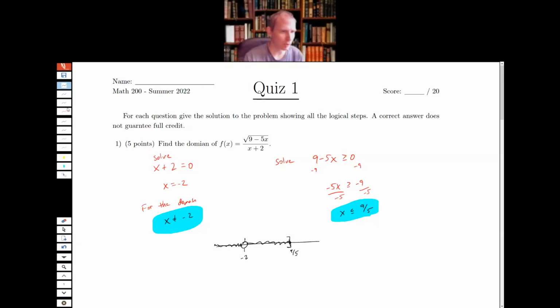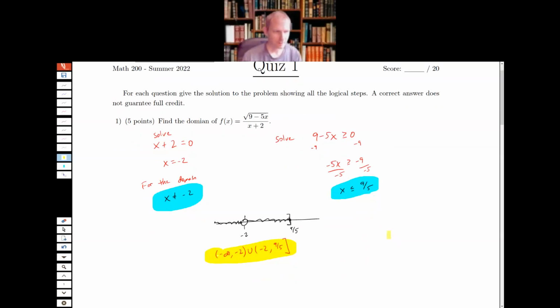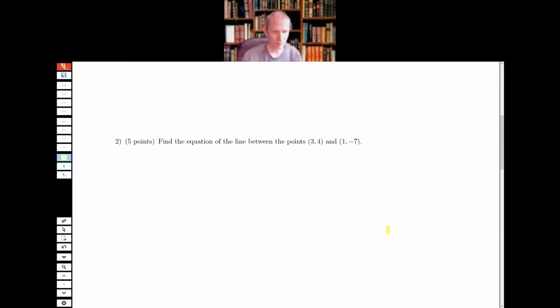If I wanted to write that as an interval, I would say I have all the numbers going from negative infinity to negative 2, not including the negative 2, and then picking up at negative 2 again and going to 9/5. 9/5 is okay, so it gets a square bracket on it. Okay, any questions on that one? All right, we'll move on to number 2.